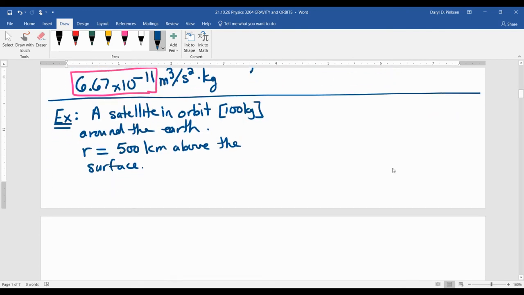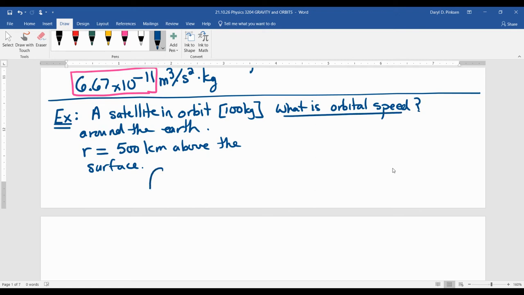And the question would be, what is the orbital speed? How fast is it going?